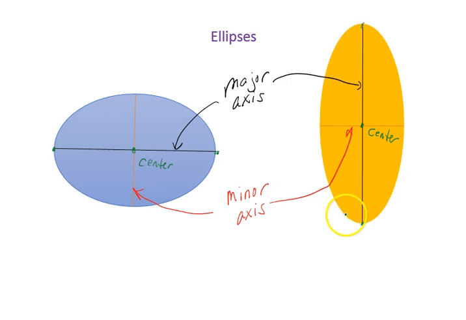Some just say vertices, so this is a vertex, this is a vertex, this is a vertex, and this is a vertex. So it just depends on how formal your book wants to get with this. But if they just say vertices, first of all look and see if they're talking about the major ones, because those are the main ones that get used a lot.